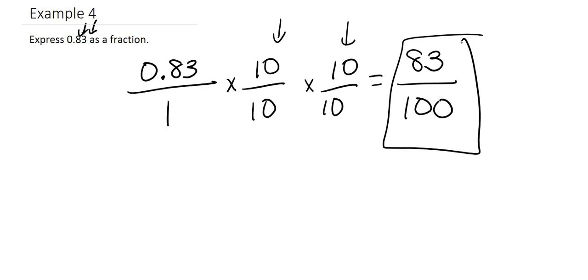And if you aren't sure, always feel free to do the multiplication with this decimal times 10, then take that number, multiply it by another 10. So you could do it that way, or you can remember, anytime you multiply a decimal by 10, we just move the decimal over 1, but then there's 2, so we move it over again. So that would make it 83. And so that's how we can see it there.